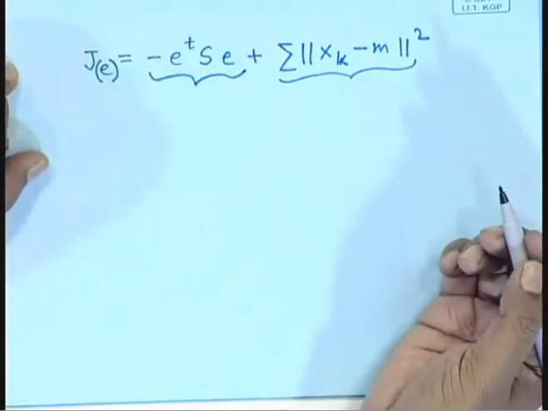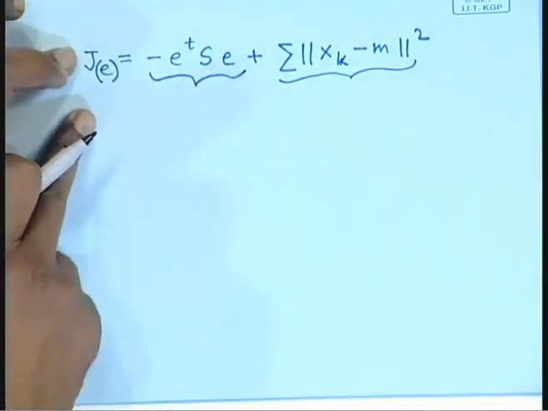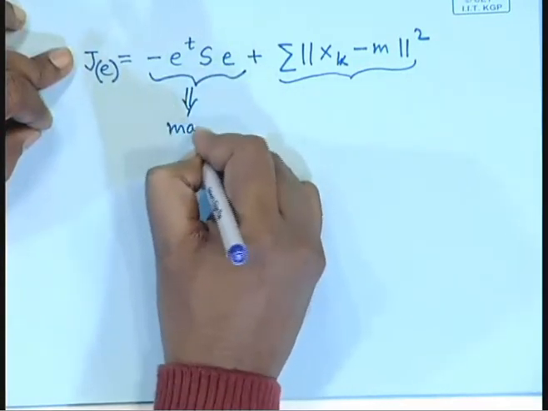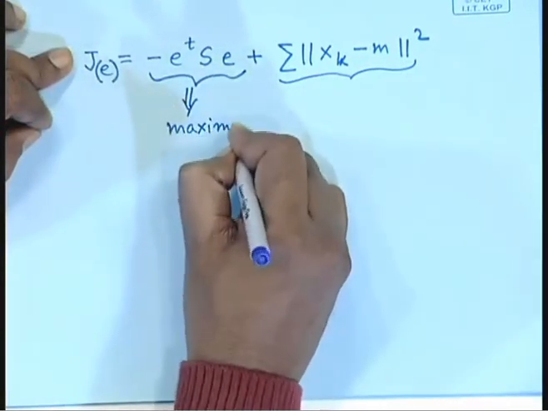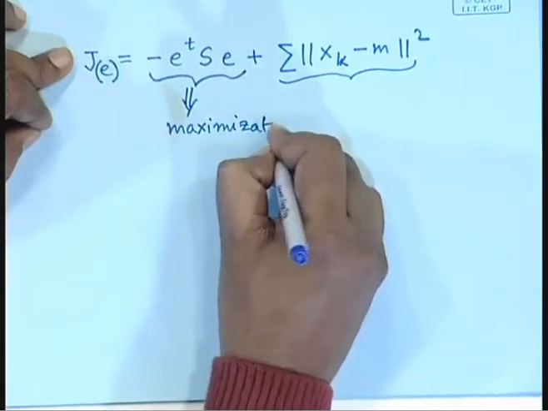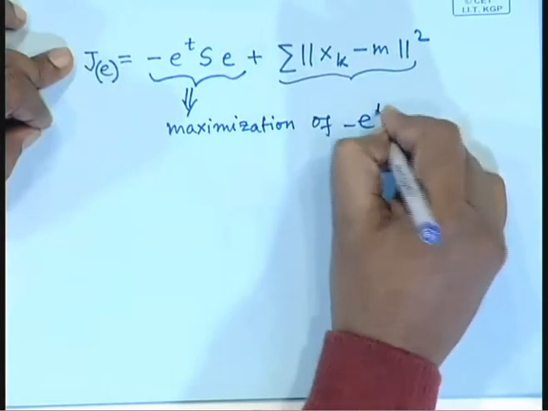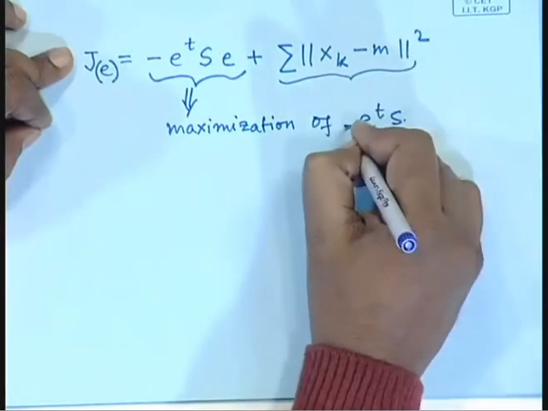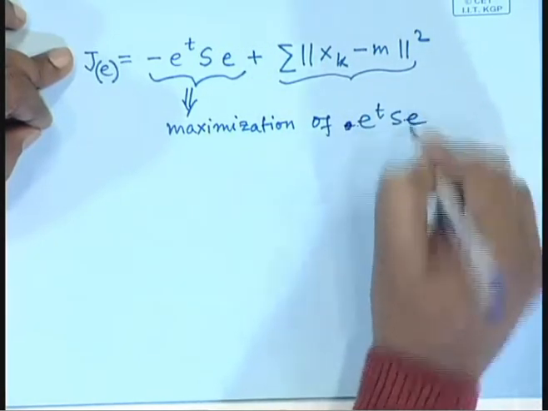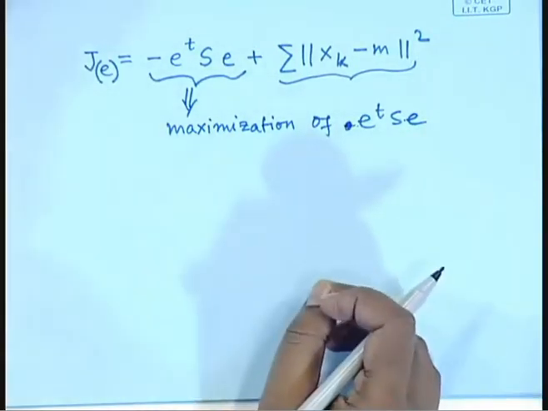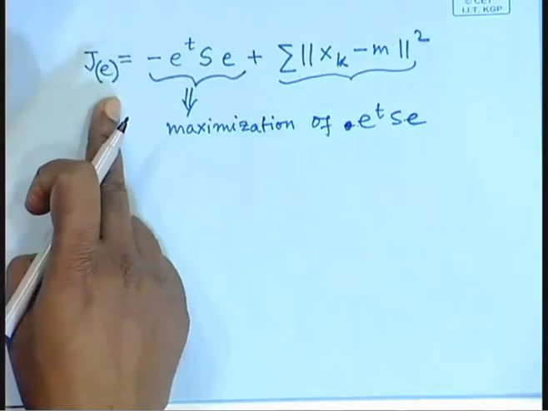It is effectively the same. Minimization of J E effectively means maximization of E transpose S E. So, if I maximize this E transpose S E, effectively I am minimizing this criterion function J E.